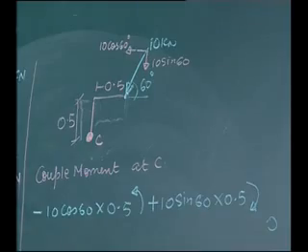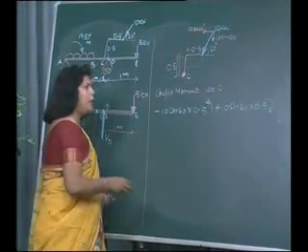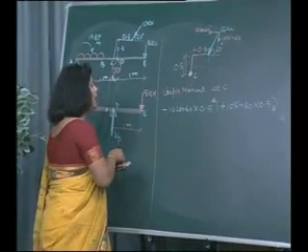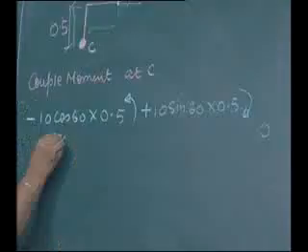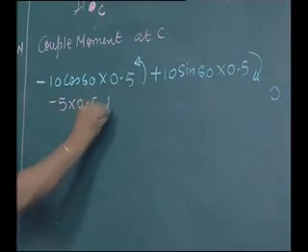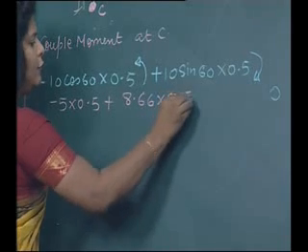So, algebraic summation of these both will give us the resultant couple which will act at point C, and that is equal to minus 10 cos 60, that is 5, into 0.5 plus 8.66 into 0.5.